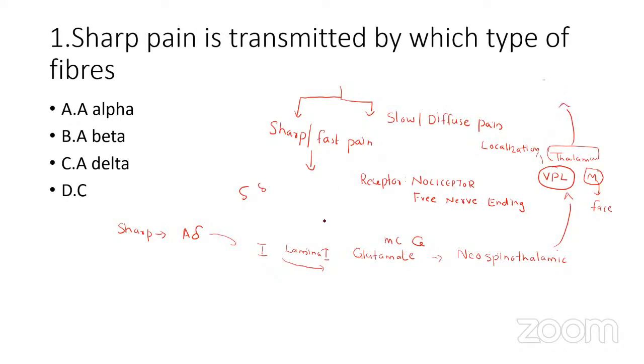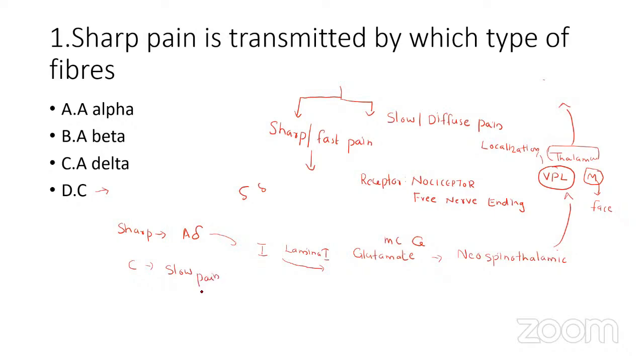So this is the pathway of the neospinothalamic tract, or the pain pathway of sharp pain. So here, C fibers. What about the C fibers? C fibers carry slow pain or diffuse pain.